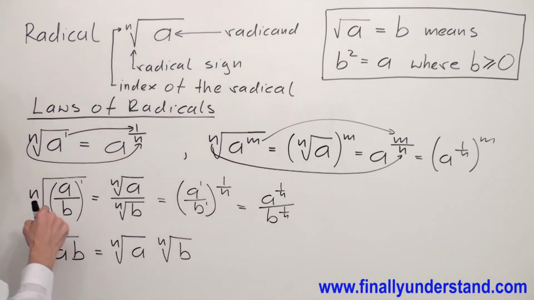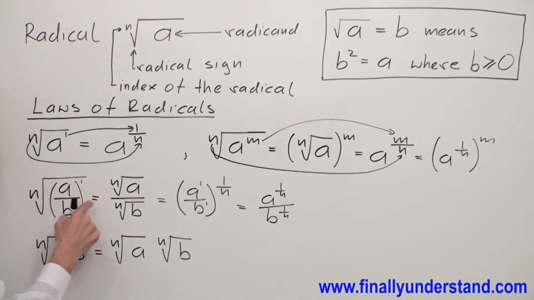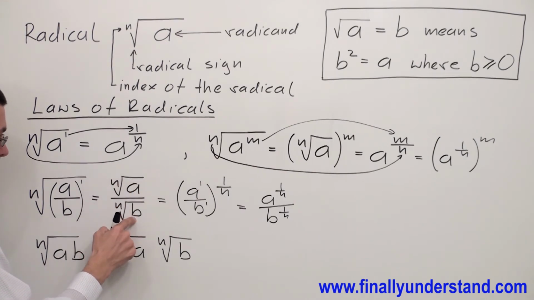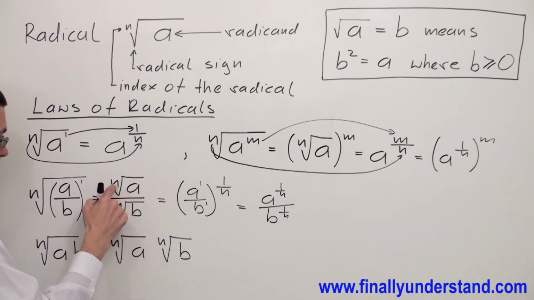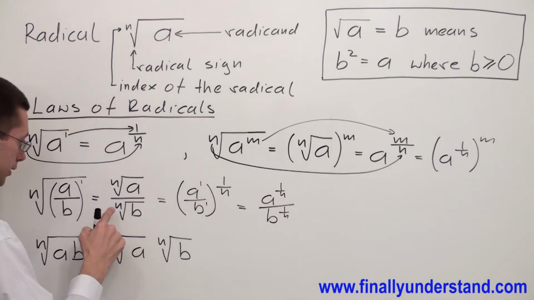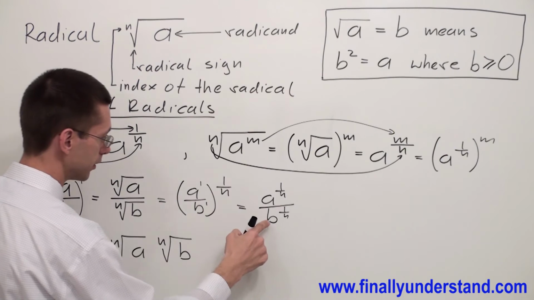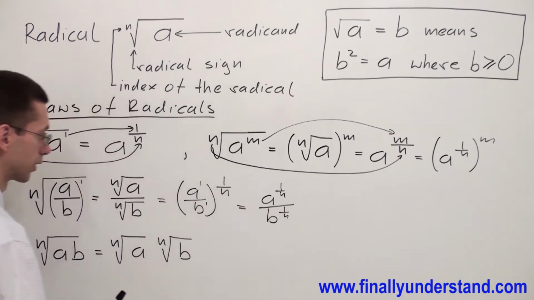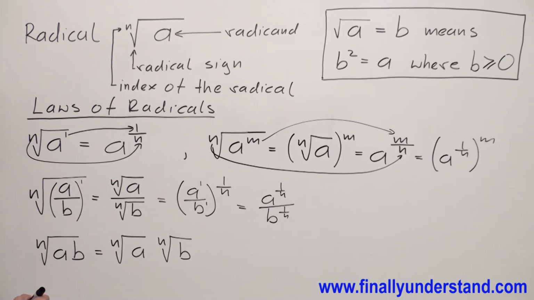That's why this radical is equal to the fraction n root of a over n root of b. Remember, n root of a is nothing else but a to the 1 over n, and n root of b is equal to b to the 1 over n exponent. Okay? So again, we apply the rules of exponents.